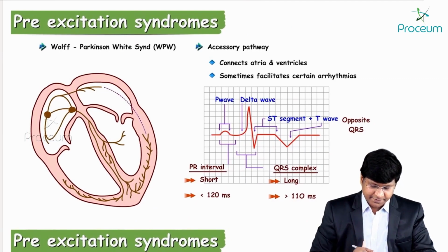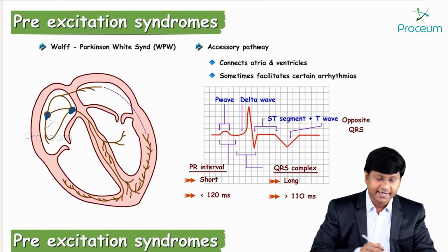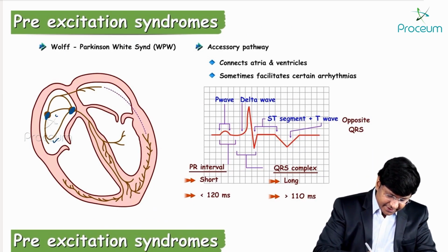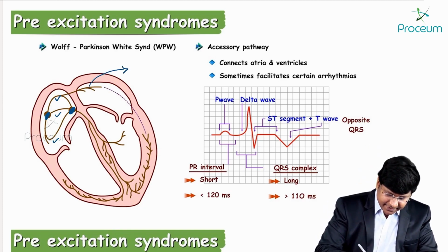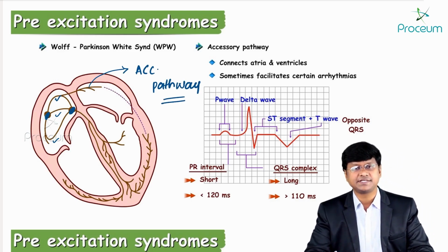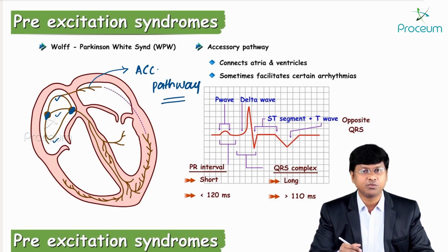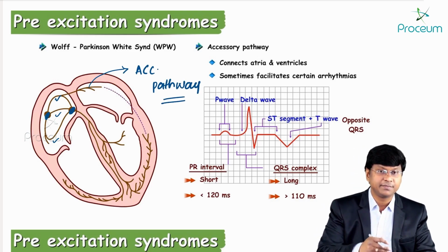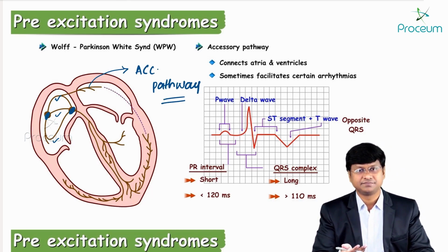If you see this image over here, this is your SA node, this is your AV node, and you have the anterior, middle and posterior internodal fibers. And apart from that, this is your accessory pathway. Because of the presence of this accessory pathway, the impulse from the atria to the ventricle is transmitted prematurely.